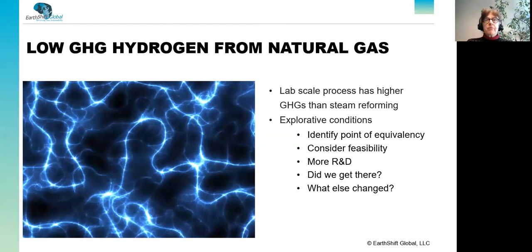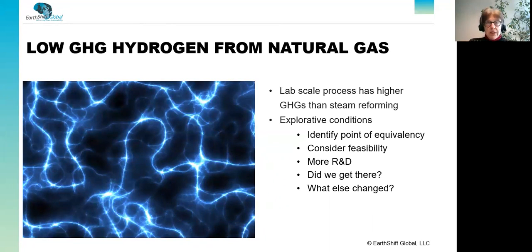When we put in their preliminary data from their lab scale, we found out that in fact it had higher GHGs than the steam reforming, higher global warming potential emissions. So we wanted to see, okay, what did they need to do to get it to a point of equivalency? Where did they need to go to get to their goal of being a lower carbon process?